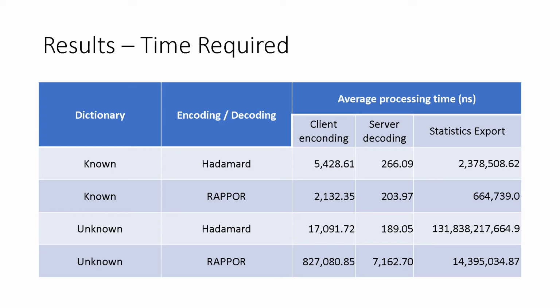The final step is the exportation of statistics by the server. This step can be seen as generating data visualization for a BI, so it doesn't need to happen in real time. The largest time required was 2.5 minutes by the Hadamard encoding under an unknown dictionary setting.